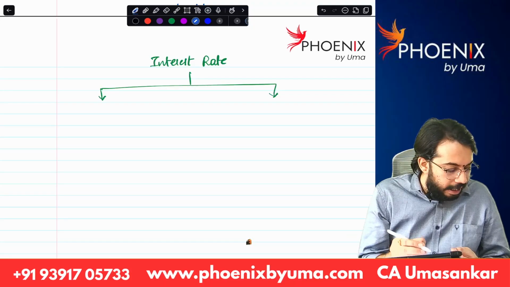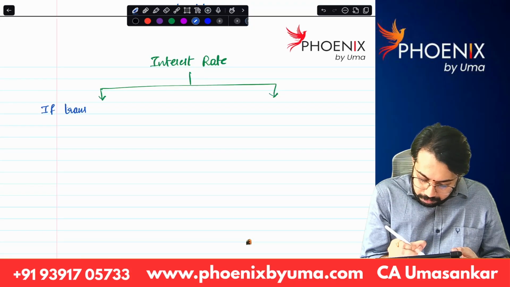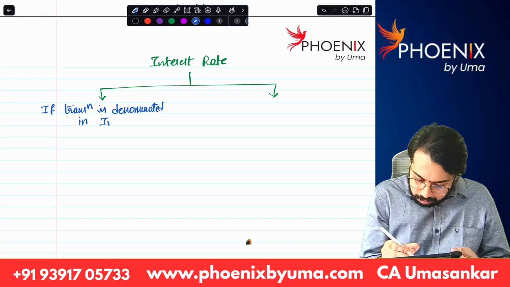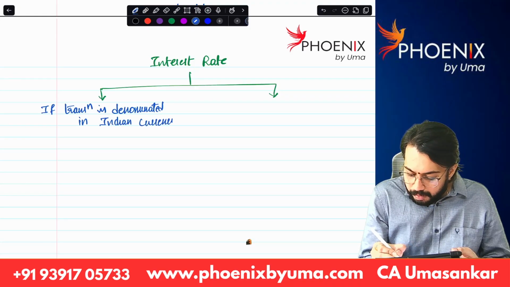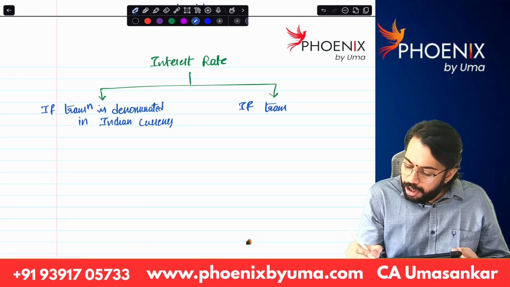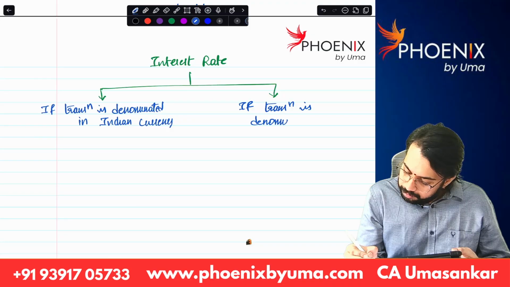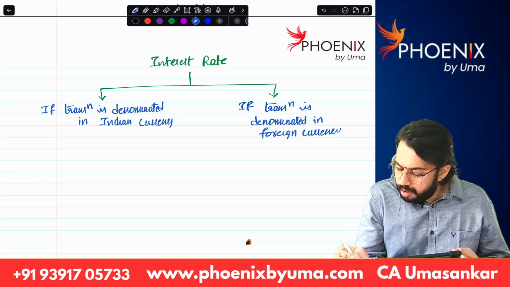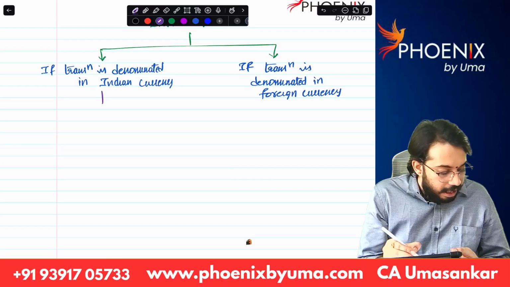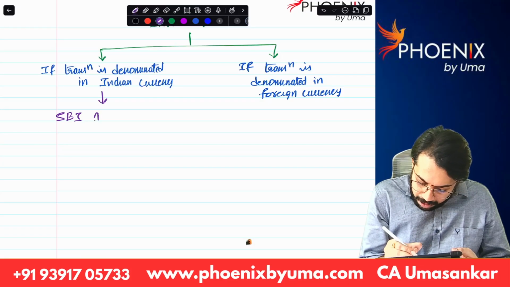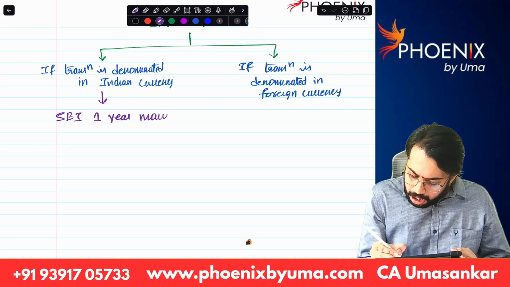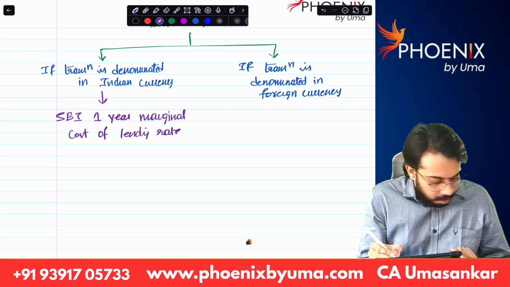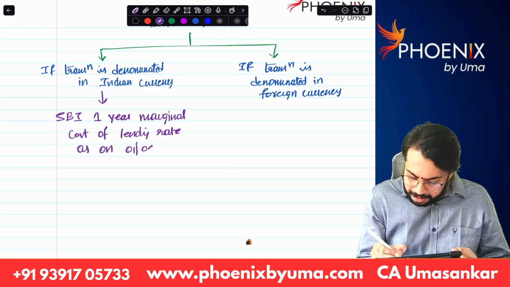If transaction is denominated in Indian currency, then the rate of interest is the SBI 1 year marginal cost of lending rate as on 1st April of the previous year.